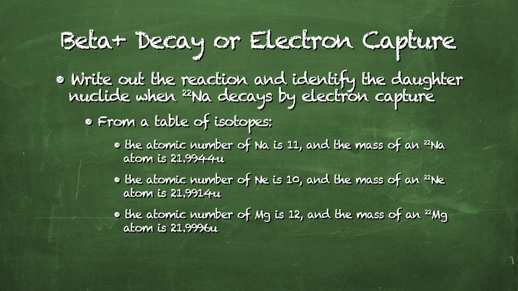Neon is element 10, and neon-22 has a mass of 21.9914 atomic mass units. Magnesium is element 12, and magnesium-22 has an atomic mass of 21.9996 atomic mass units. So please answer the question.